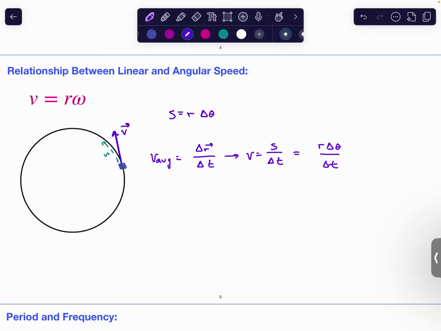So what if we wrote it like this? What is delta theta over delta t? The rate of change of your what? Omega.